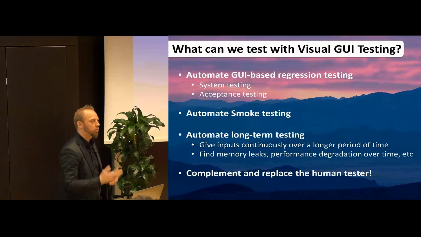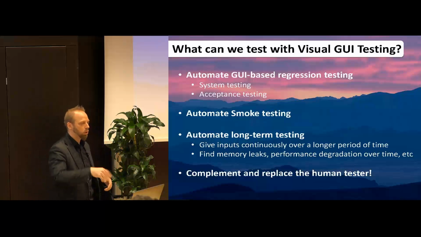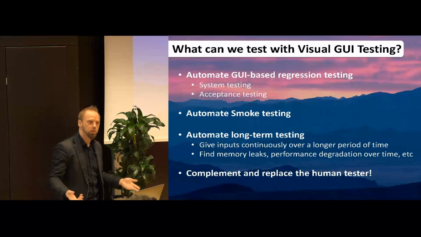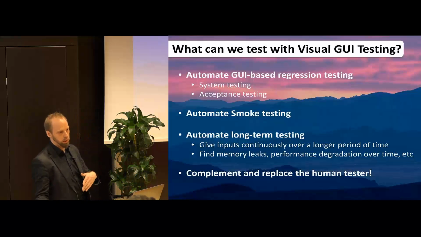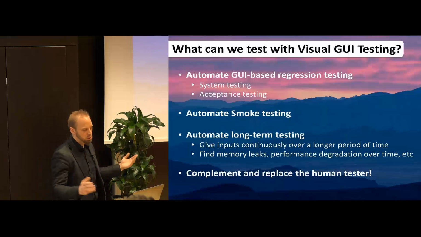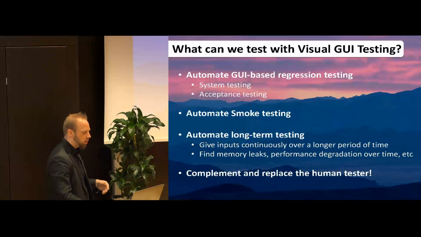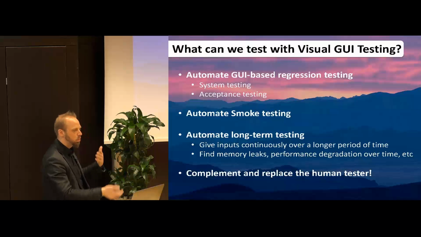Some of these tools even have recording functionality, such that you could just have your customer click around, and it records the scripts in the background and then you can replay them, for instance. So, regression testing. Then we have smoke testing, of course. If you wanted to do something simpler, just making sure that things are up and running, just giving some inputs and checking outputs, etc., from the application.